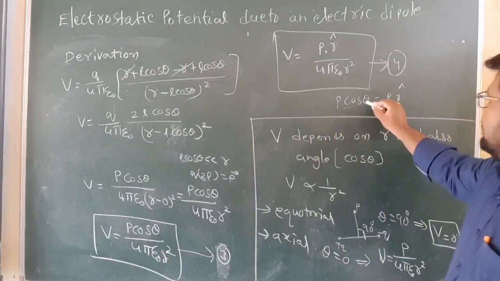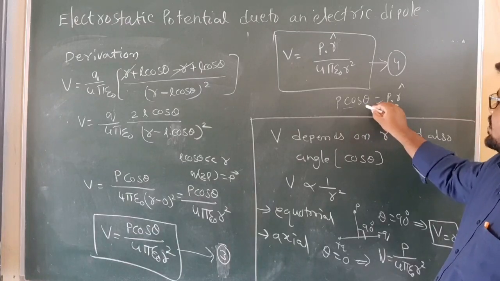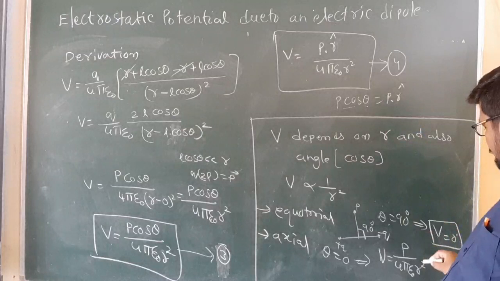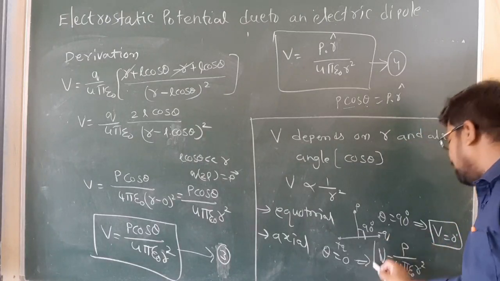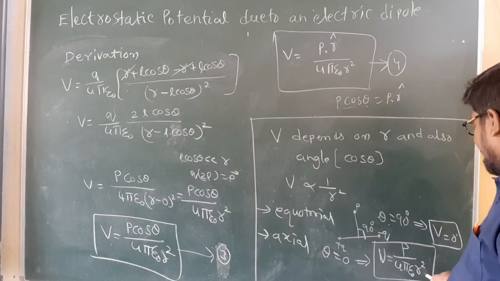Because here it is P cos theta: cos 90 is 0, cos 0 is 1. That's why you get P by 4 pi epsilon naught r squared.